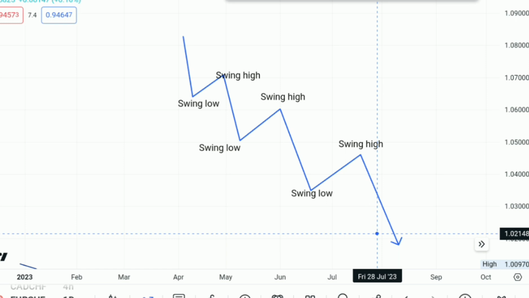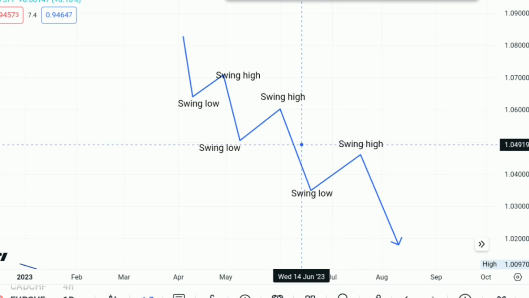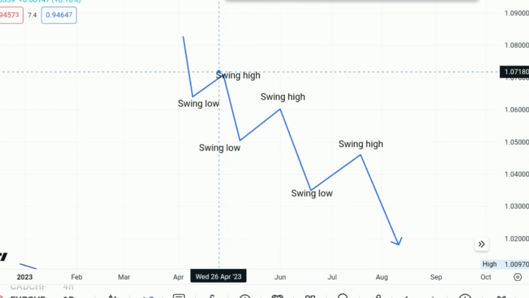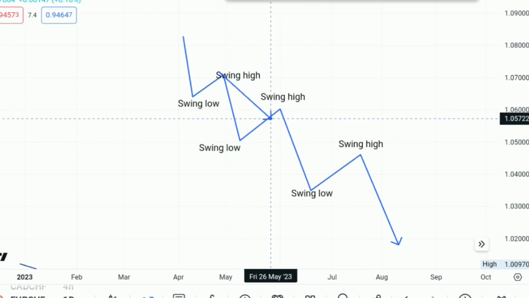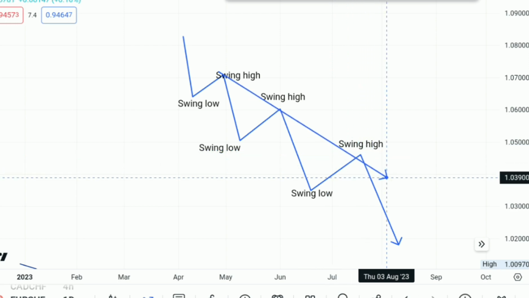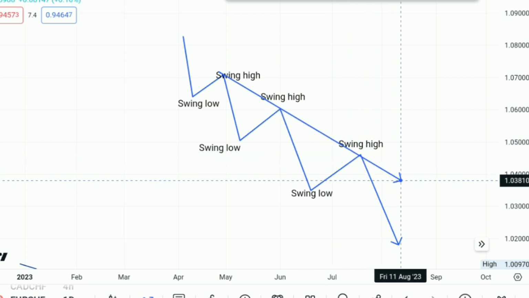Now a trend line is applied to connect the swing highs along the top and the swing lows along the bottom, like this. Swing high along the top. This is how we draw a trend line.